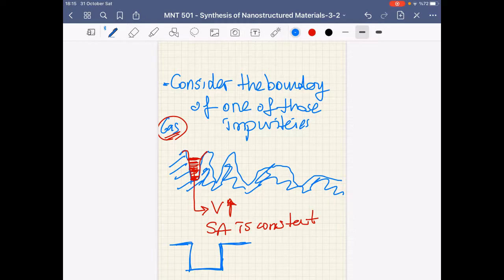This is my rough boundary, and this is where my liquid is forming. As it forms here, you can see that the surface area is the same, the volume is increasing, surface area is constant. And what does that mean?